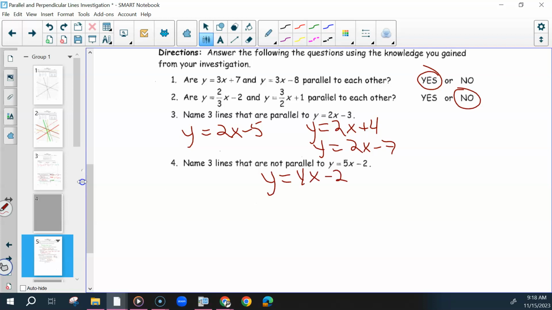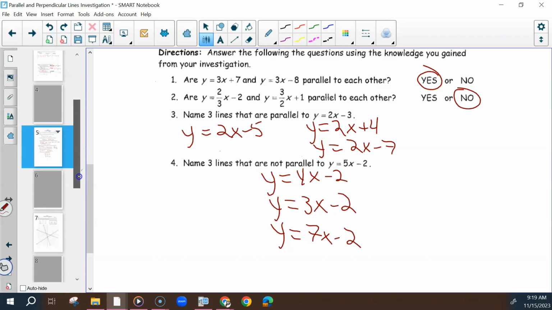That would not be parallel. Two more. Y equals 3x minus 2. Sure. The slope is not the same. One more person. Y equals 6x. Y equals 7x minus 2. Sure. So as long as it has a different slope, it is not parallel.